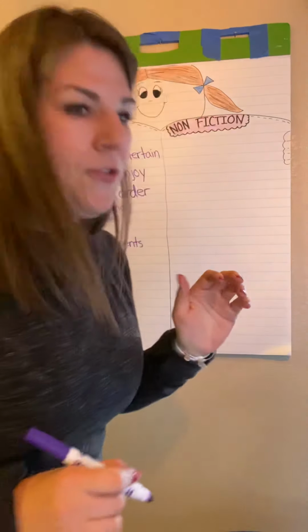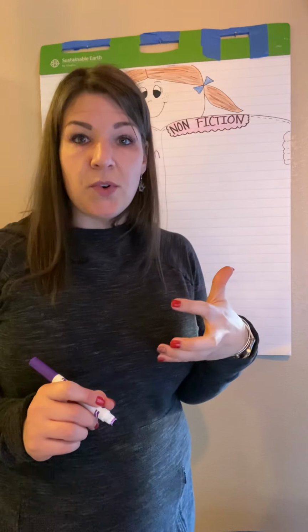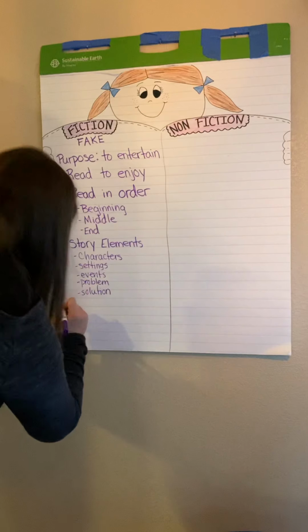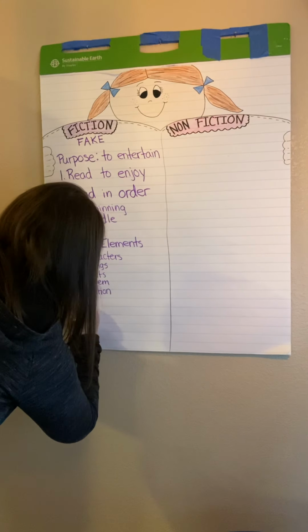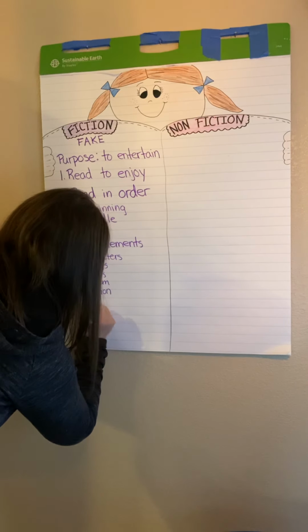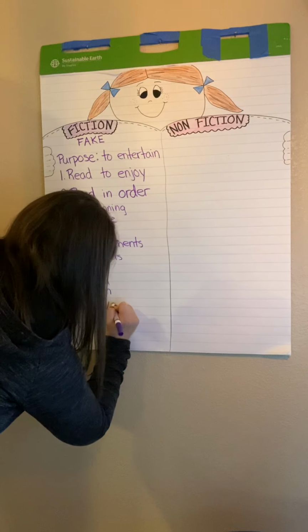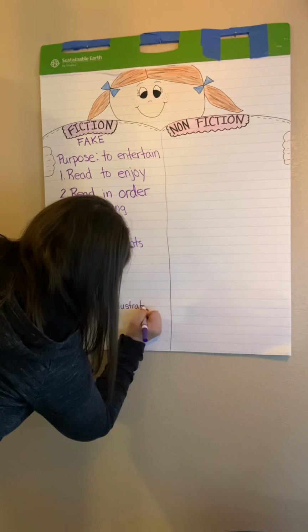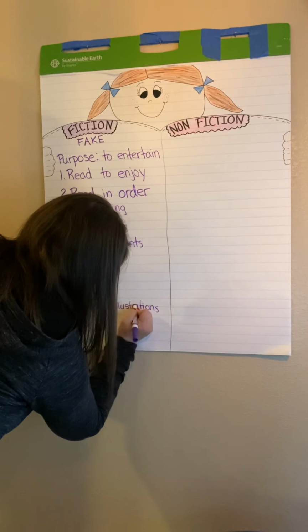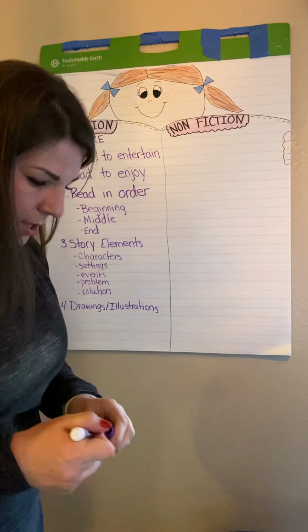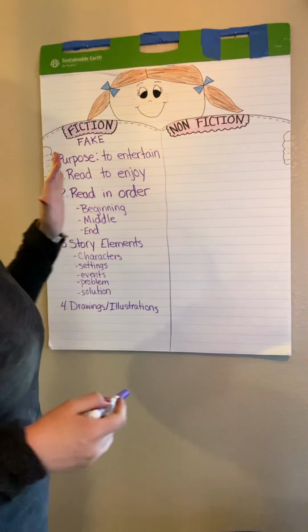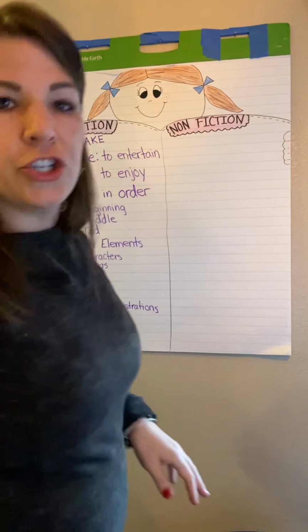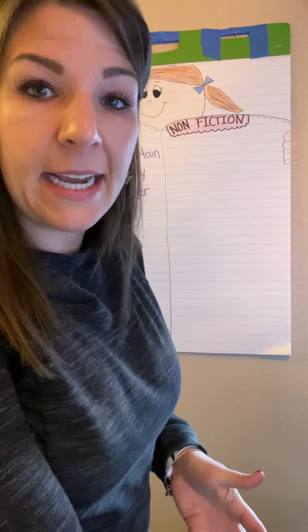And then in fiction stories, there are always drawings, okay? So we have drawings or illustrations. Drawings, illustrations means something someone drew. Illustrations. Okay, so we're going to go back over this as I show you those things in a couple of my different fiction books that I have here, okay?